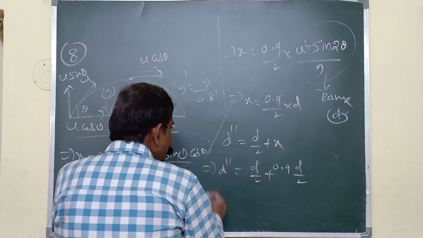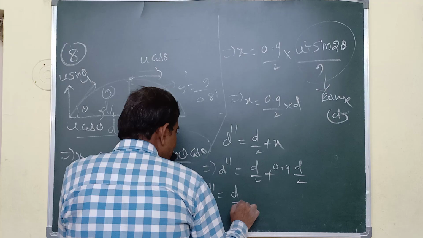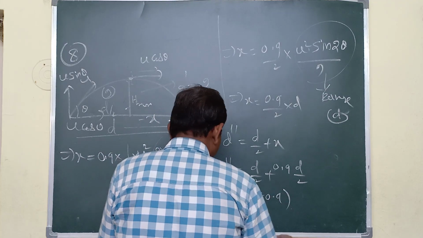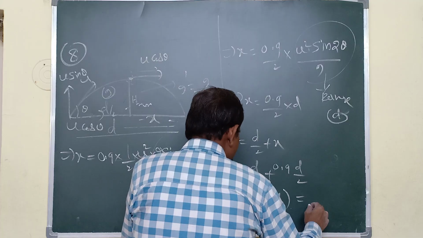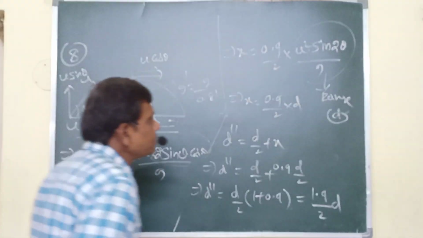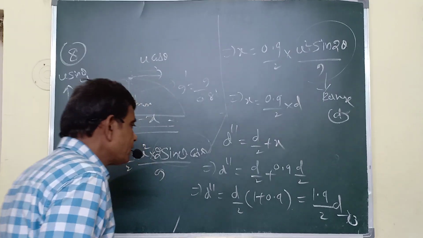So here D by 2 I am taking common. If you take D by 2 common, what am I getting? 1 plus 0.9. So I am getting 1.9 by 2 into D. This is my equation number 3. That is D double dash.